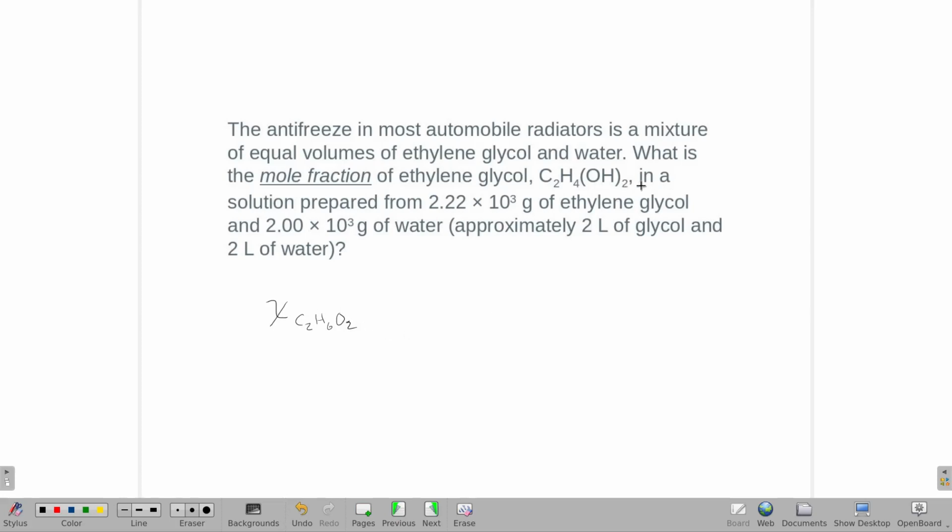So I'm going to combine my 4 H's and 2 H's. That's my ethylene glycol, and for the mole fraction on top, I want the moles of ethylene glycol. Got to convert that to moles.